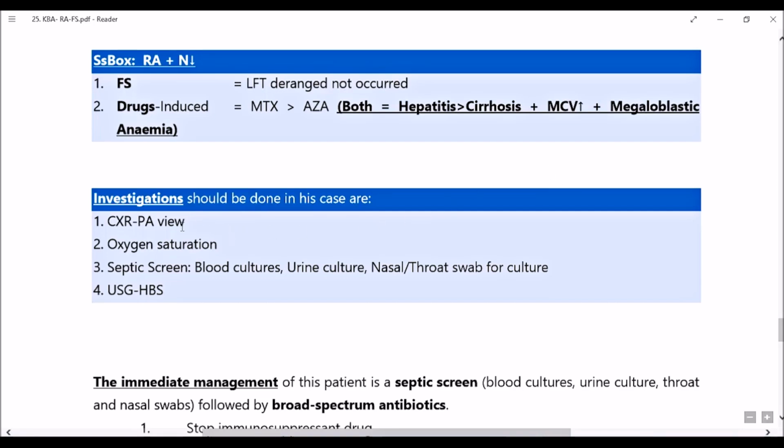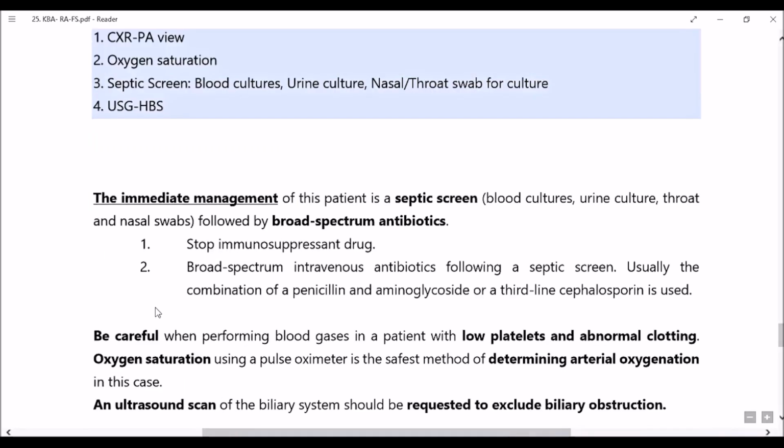Investigations that should be done in this case, of course, are the chest X-ray for respiratory infection, oxygen saturation, septic screen, and ultrasound of the hepatobiliary system because of the raised alkaline phosphatase, to exclude any extrahepatic biliary obstruction. So the immediate management of this patient is the septic screen followed by broad spectrum antibiotics.